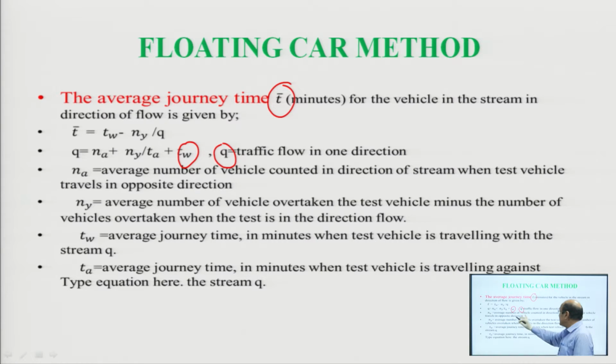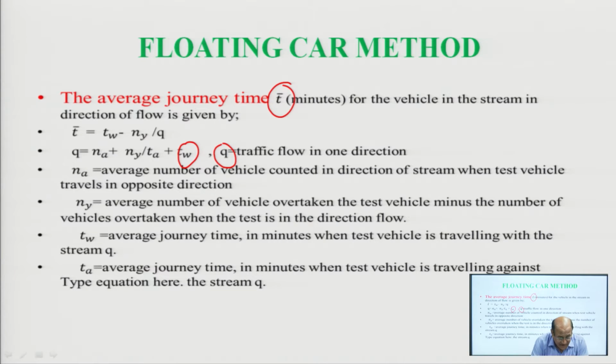NA is the average number of vehicles counted in the direction of a stream when the test vehicle travels in the opposite direction. NY is the average number of vehicles overtaking the test vehicle minus the number of vehicles overtaken when the test vehicle is in the direction of flow.